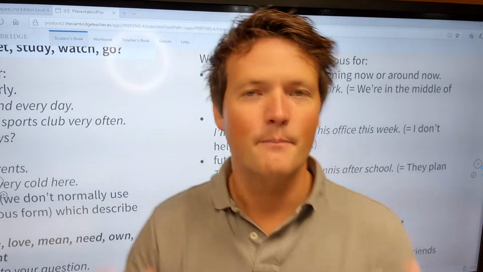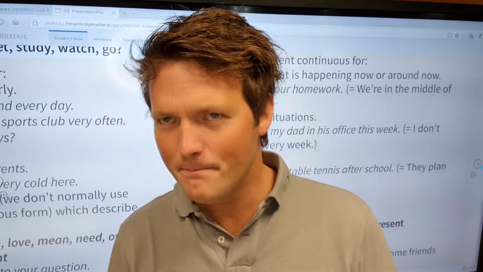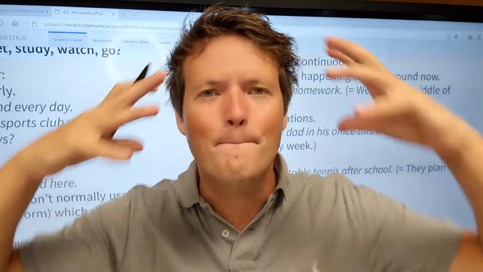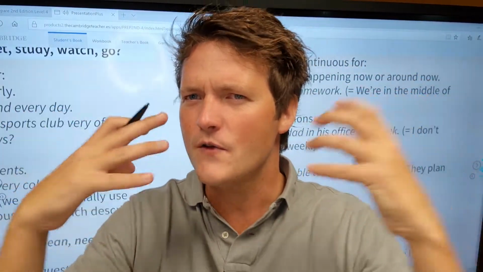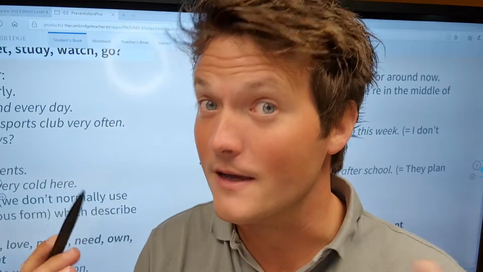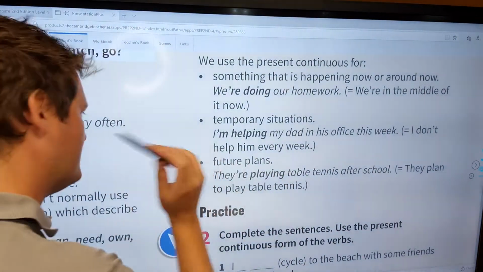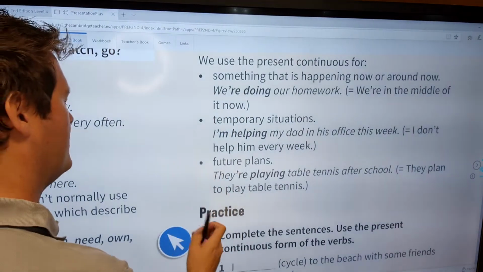Good. Okay. Here's the strange one, future plans. Future plans, but we're using present continuous. How are we going to use present continuous for the future? So that often confuses people a little bit and they forget how to use it. But this is very important because it's very common.